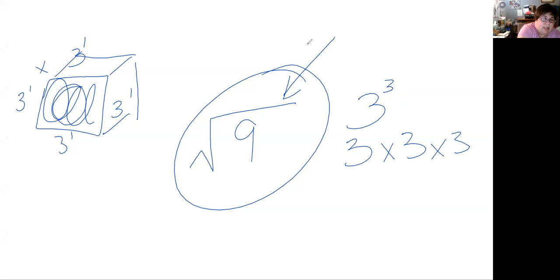The area of a square is the length times width, so that's 3 times 3, which is 9 square feet. But if you're finding the cubic area of a cube, then that's 3 times 3 times 3, which is 9 times 3. Alexa, what's 9 times 3? 27. So the length times the width times the height means that this is going to be 27 cubic feet.